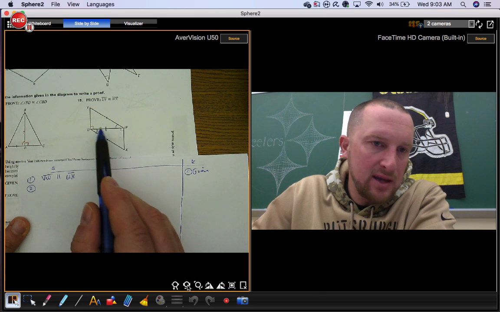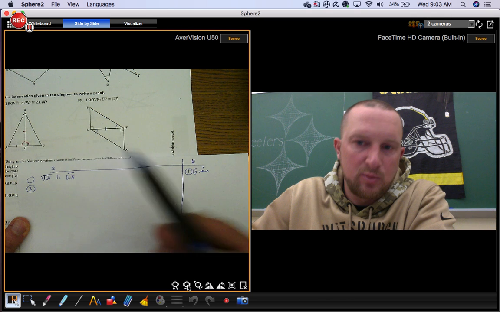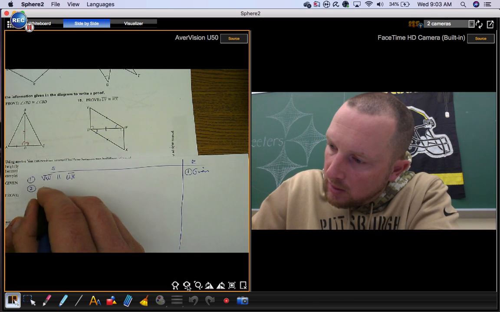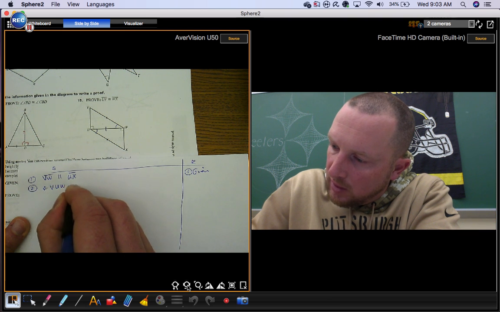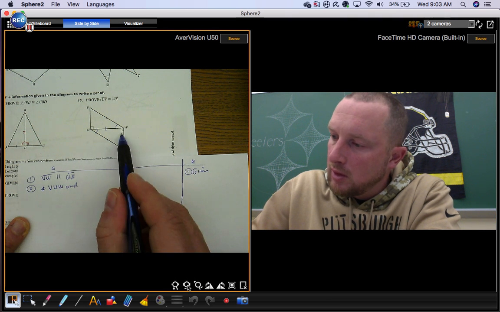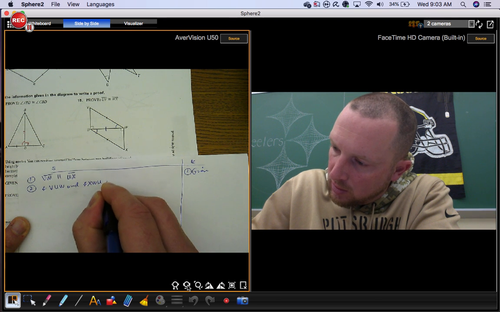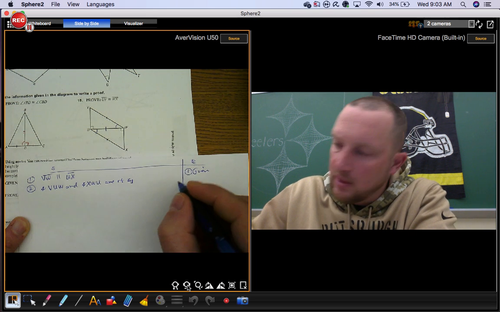Now, if you want to say that it's given that they're right angles, that's fine. You could also say that these segments are perpendicular. That's probably what they mean. But they don't say it, so angle VUW and angle XWU are right angles. That's given.